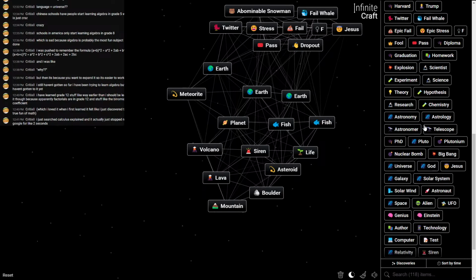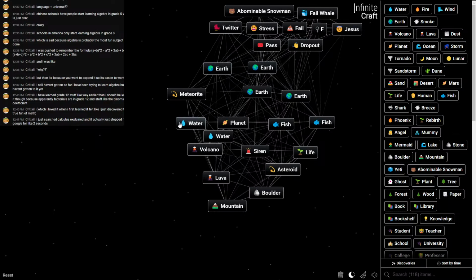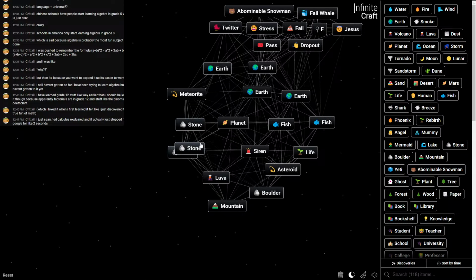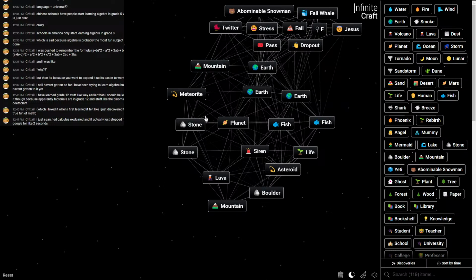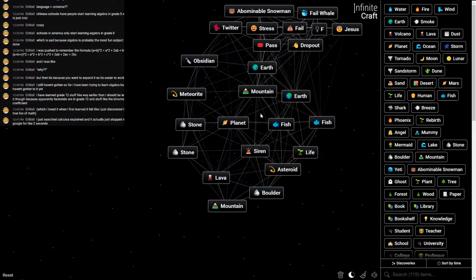How do we get continent and get country? Well, a country is on land, and land is like water and a volcano. That gives us stone. Maybe stone and earth is a rock. Mountain and earth is a volcano. Boulder and earth, just mountain. What about two mountain? Mountain range.